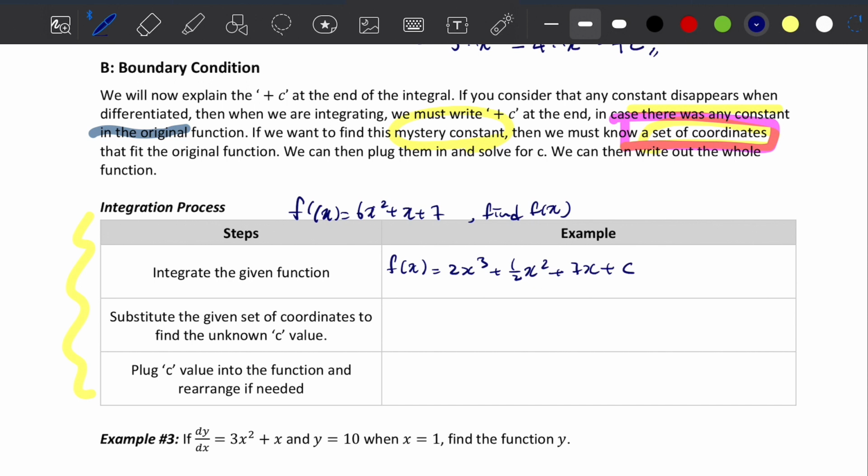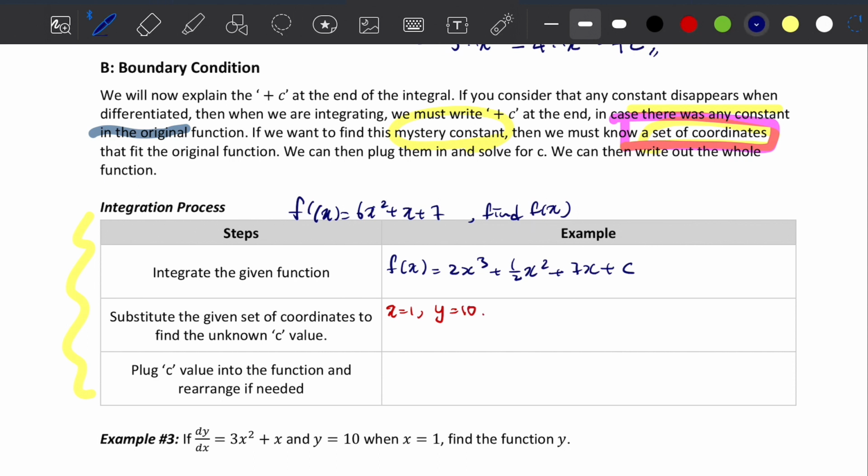Okay, so once you're done with this process, you're almost done, right? We just have to find that unknown c at the end. To calculate the unknown c, you will always have a set of coordinates given. In this example, let's say that the x value is equal to 1 and the y value is equal to 10.